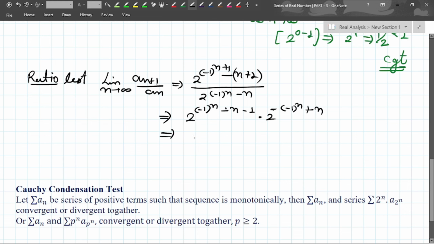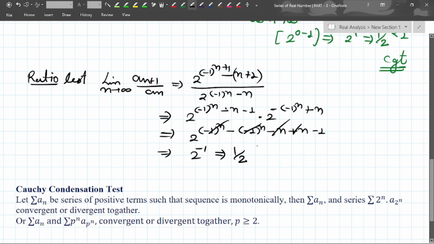Now just take it as 2 power minus 1 power n minus of minus 1 power n, then minus of n plus n and minus 1. If you write like this, then this is going to be 0. So 2 power 0 minus, okay, this will get cancelled, and also this will get cancelled, and this is what? 1 by 2 from here.